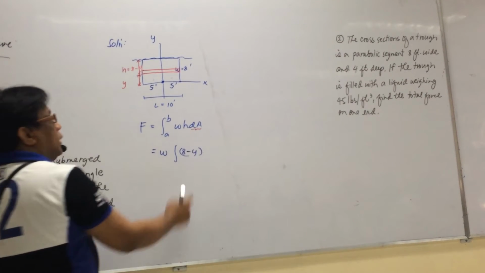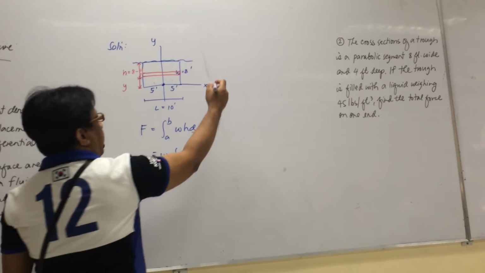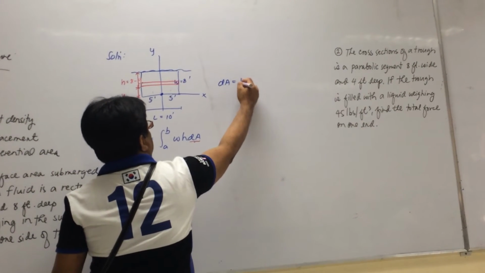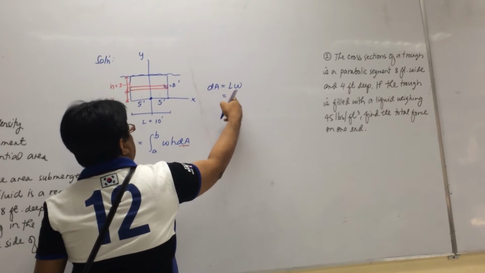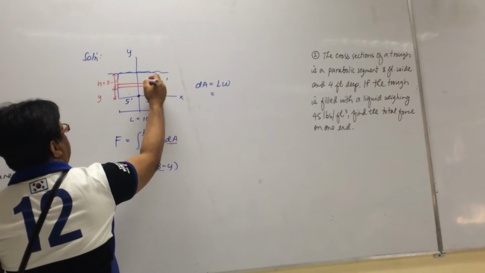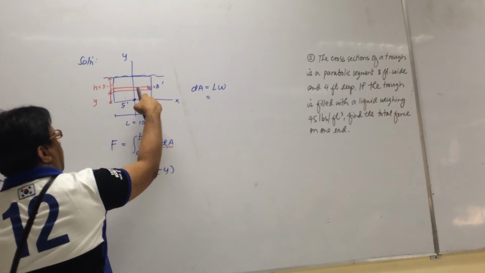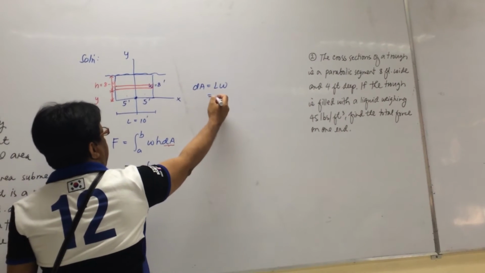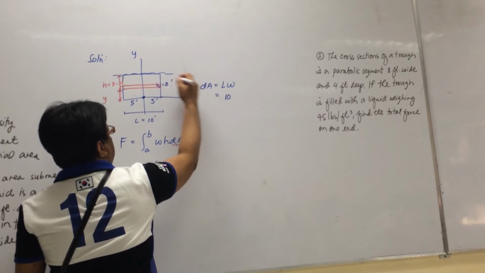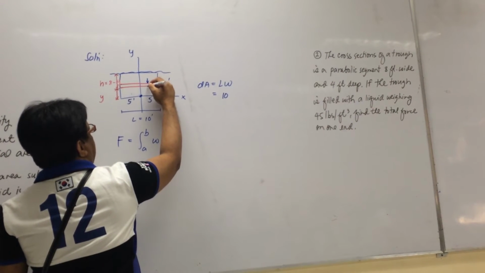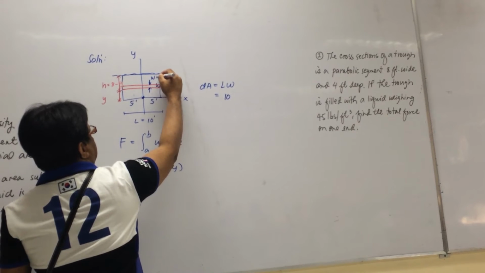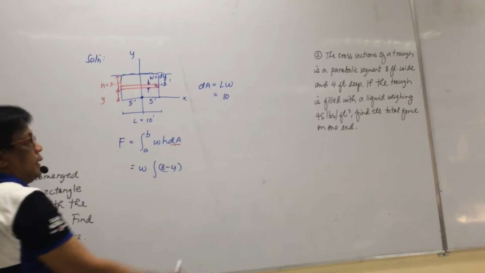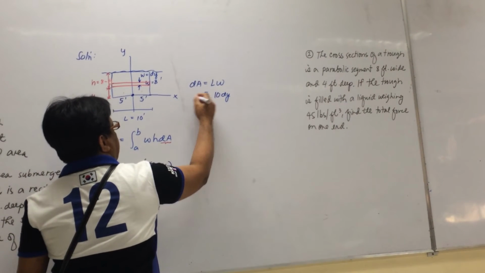What about the differential area? Since this is represented by a rectangular strip, we have length times width. The length, let us get from the section here, which is 10, and the width of the rectangle is represented by the strip, which is perpendicular to the y-axis. So we have this as 10 dy.